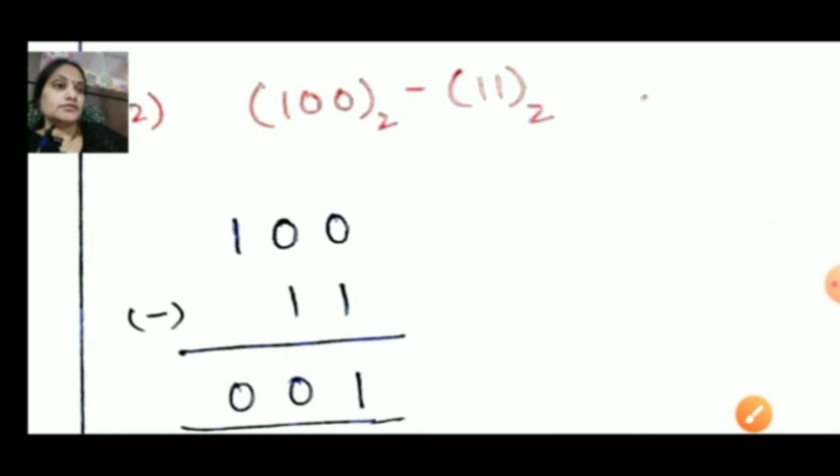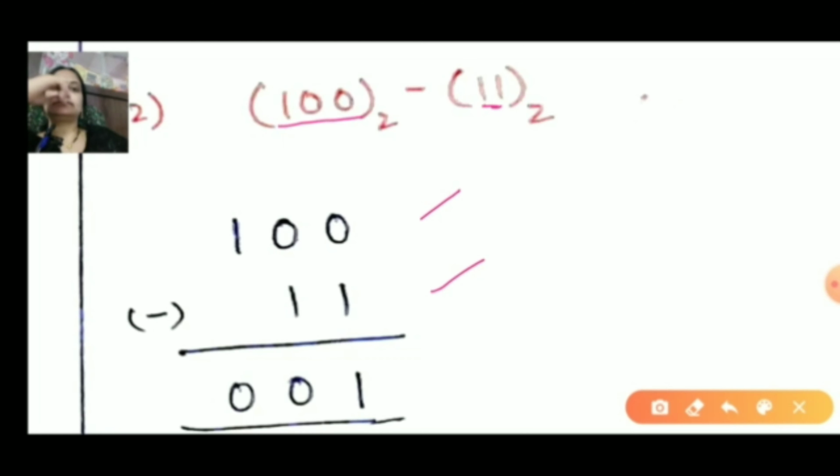Now come to the actual problem. That is, you have to subtract this 11 from 1001. Now write these two numbers like this. Now you have to subtract this 1 from 0. But 0 is less than 1.